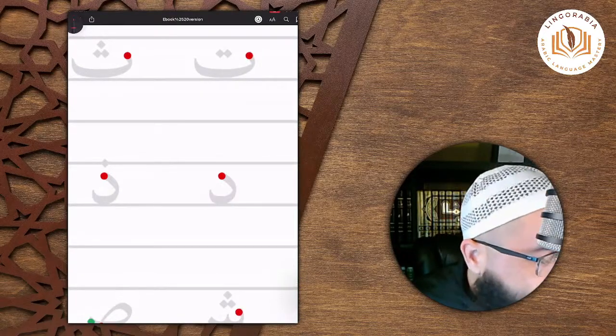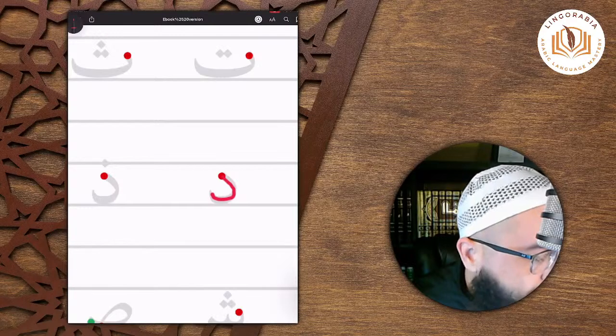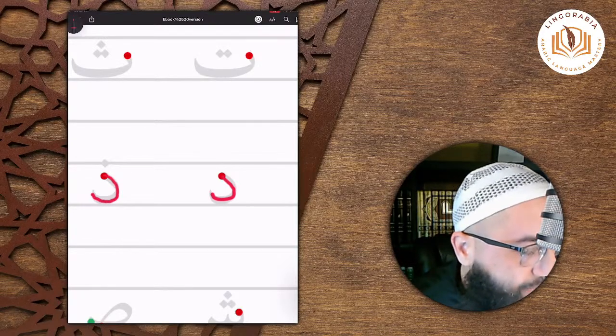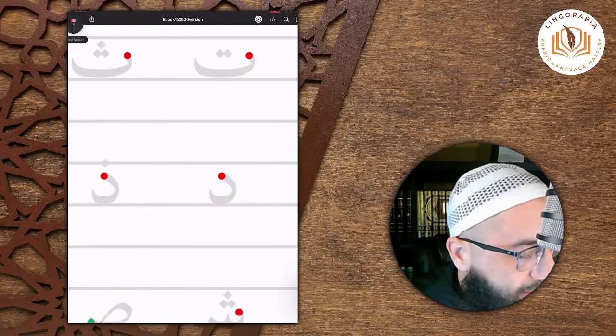Okay, now the dal has another shape. You see, so you go downwards and then you go a little bit like this. Okay, so both of them are the same.